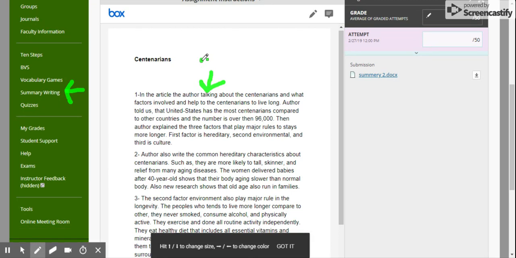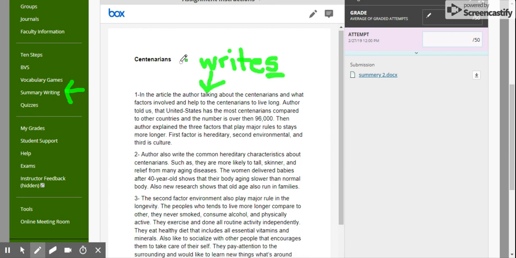Because he's writing. So it might be something like writes. And make sure you put that S on the end, because author is third person singular, right? He, she, it. We always need in simple present an S. The author writes. The author explains. The author discusses. Always need that S there.